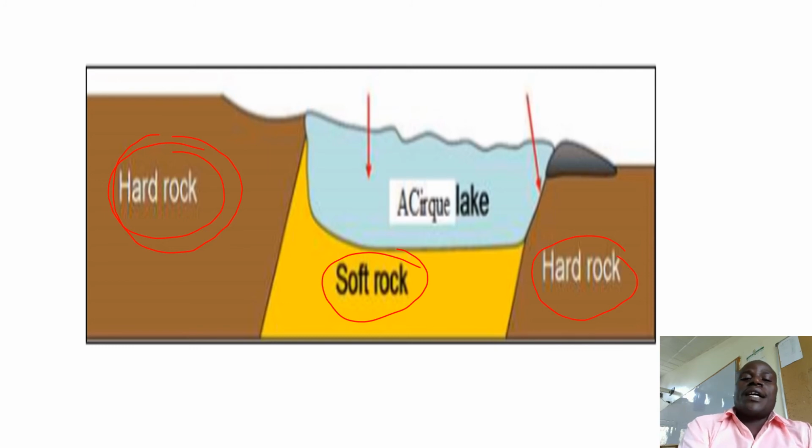And the middle part, which is soft, was affected by glacial erosion. That's why we end up having this hole, this depression. And when this depression is filled with water, it forms a cirque lake.